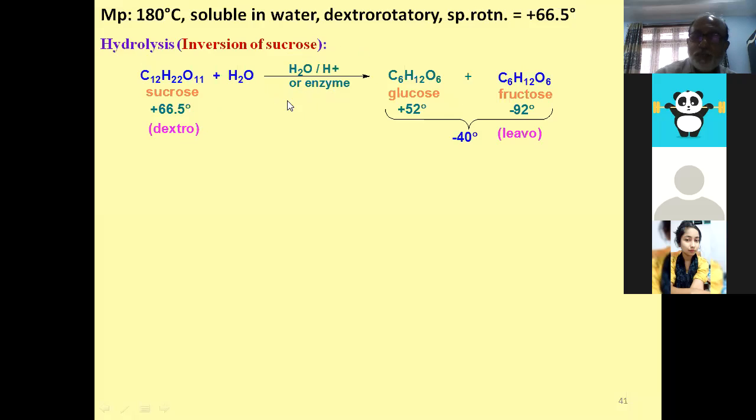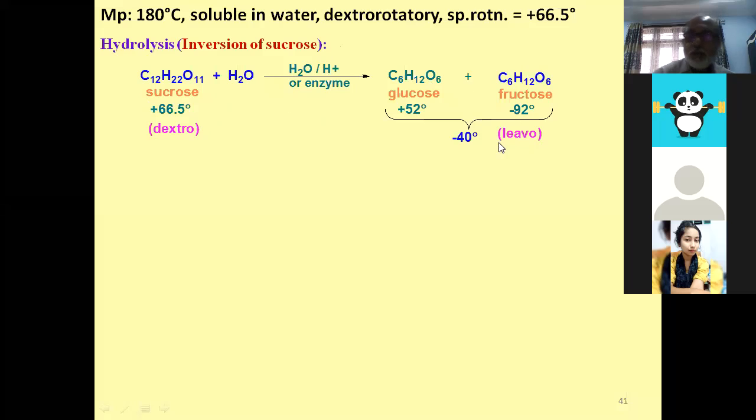It is inverting in terms of specific rotation: from dextro it has become levorotatory, from dextro to levo. So that enzyme is named invertase.